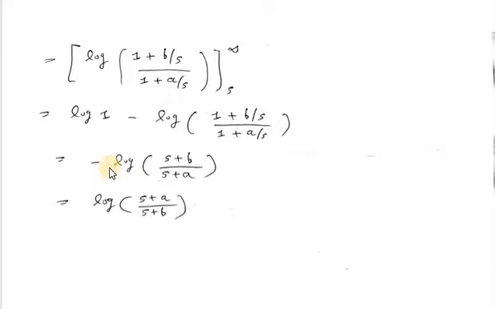Now consider this minus as minus 1. Then after applying the property of logarithm, logarithm of s plus b over s plus a raised to minus 1 will become logarithm of s plus a over s plus b, because x raised to minus 1 is equal to 1 upon x.